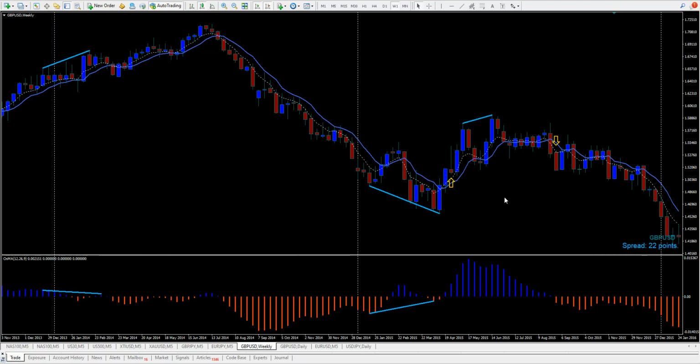If you're into this for the long haul, this is the way you've got to trade, because you won't spend all this time in front of the computer, and as long as you do your money management correctly, within 4 to 5 years you could make a lot of money.